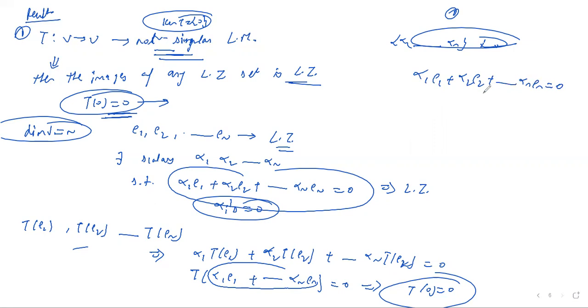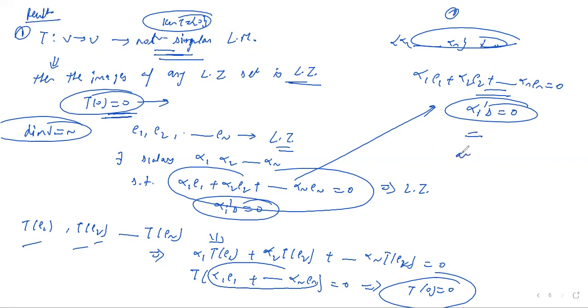From this equation, as these vectors are linearly independent, I got that all alphas equal 0. So we can say that the corresponding image vectors Te1, Te2 to Ten are linearly independent.